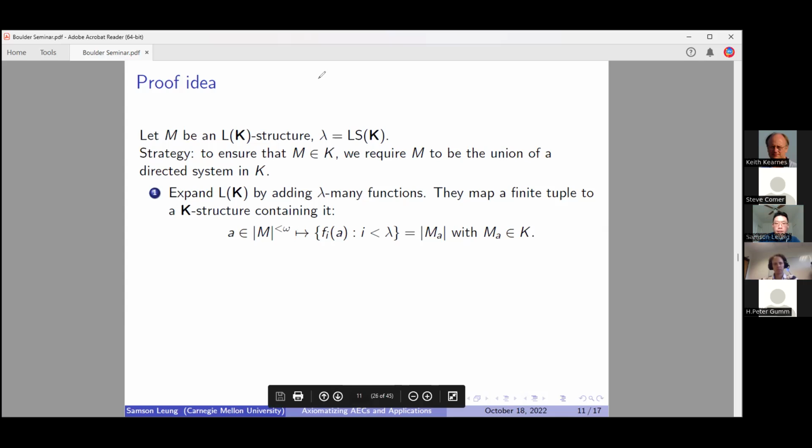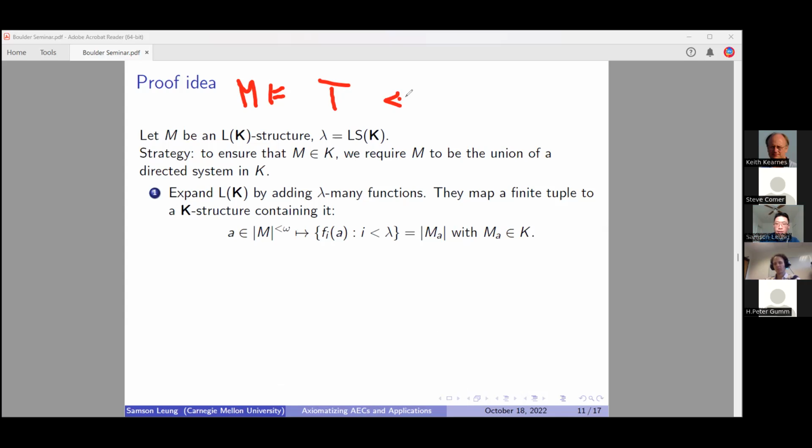Let's say I just want to define a theory T such that the following happens. I want to prove M satisfies some theory T if and only if M is in K. So my job is to find this theory T or some other axiomatization, and then we'll try to prove the biimplication.